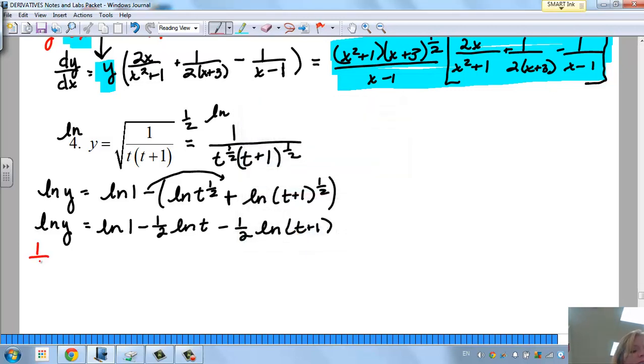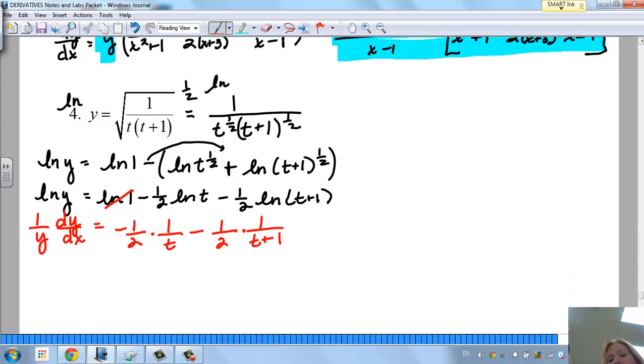I'm going to call this 1 over y, and then I have to say this is the derivative of y with respect to x, equals, well, the natural log of 1 is 0, so the derivative of a constant would be 0 anyway, so this isn't going to show at all. Then this is going to be negative a half times 1 over t, minus a half times 1 over t plus 1, and the derivative of the inside is going to be 1.